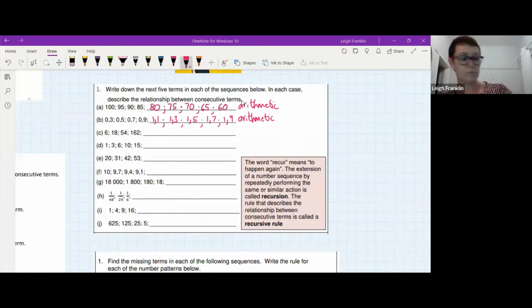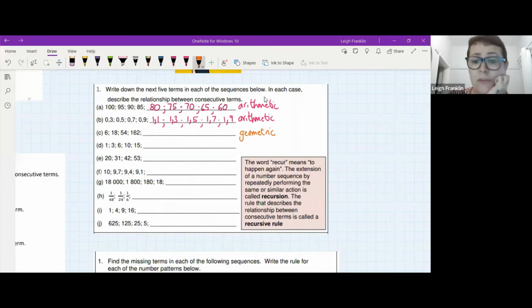Ma'am, I think this is a geometric pattern. You are quite right. It is a geometric pattern. And what makes you think that it's geometric? Because it doesn't repeat.